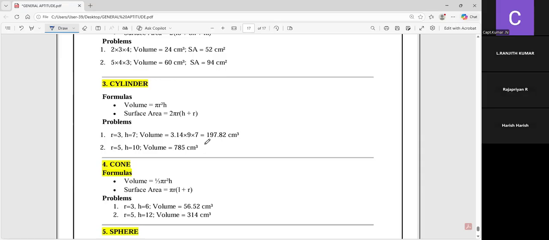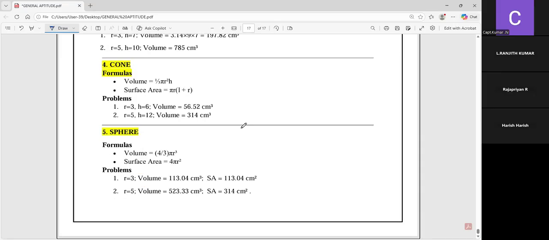And the cone: volume and surface area. So what is the formula for the cone? The volume formula is nothing but 1 by 3 pi r square into h, and surface area pi r into L. And similarly the sphere: the volume of the sphere is 4 by 3 pi r cube. Surface area is 4 pi r square.